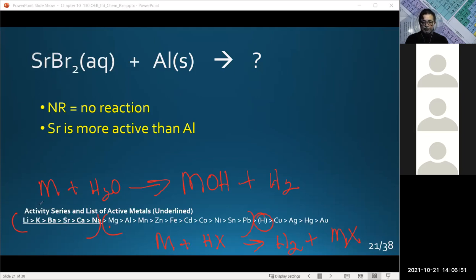With the ones that are very reactive, and a lot of heat. Let's separate. This would be M prime. Okay, so those very reactive metals will react with water to form the hydroxide, M prime hydroxide. It could be lithium hydroxide, potassium hydroxide, strontium, barium, calcium, or sodium hydroxide, plus hydrogen gas, okay?